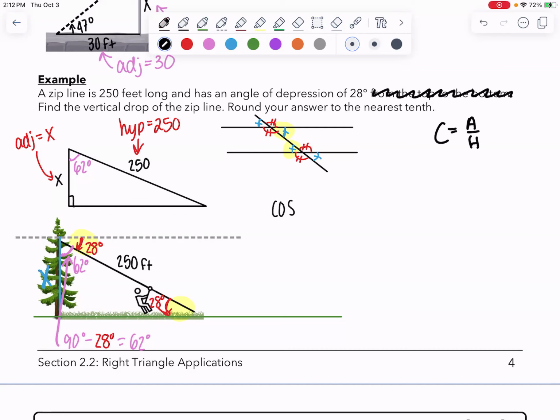So cosine of 62 degrees is equal to adjacent over hypotenuse. If you multiply by 250 on both sides, you'll get X is equal to 250 cosine of 62 degrees. Plugging that in the calculator, you should get 117.4 feet.